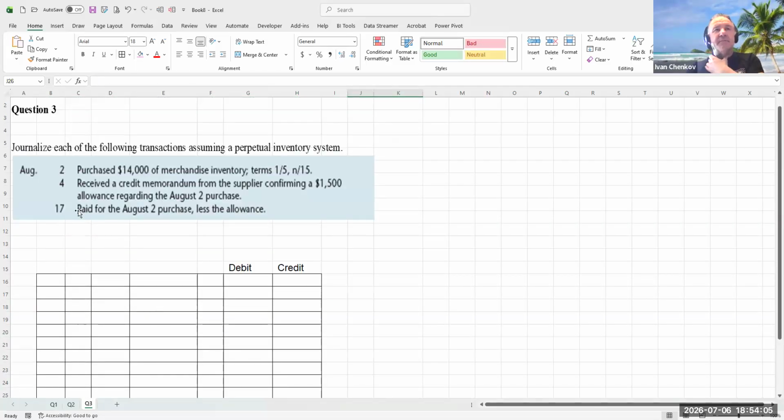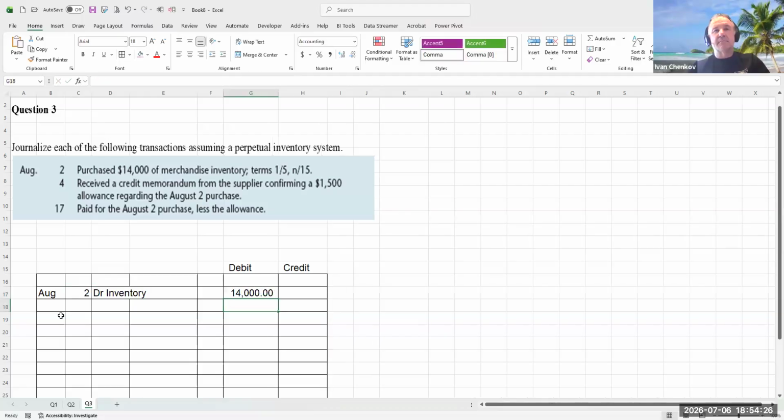So what we're going to do here? We have to journalize each transaction, assuming that perpetual inventory is used. Let's start first. On August 2nd, what's happened on August 2nd? We purchase inventory, so debit inventory, and we purchased the inventory for $14,000. If we pay within 5 days, we're going to get 1% discount.